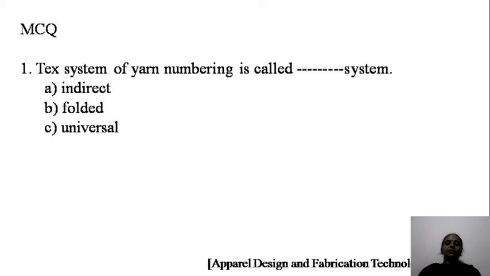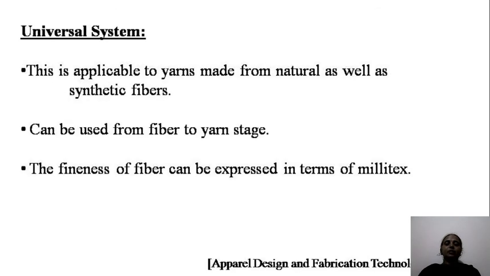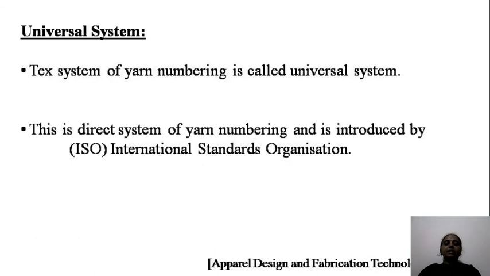This is about the direct, indirect and universal systems. So which is the universal system? Tex is the universal system of yarn numbering, and it again comes under the direct system. Here, higher the number, whether directly or indirectly related, higher the twist, the finer and stronger the yarn.